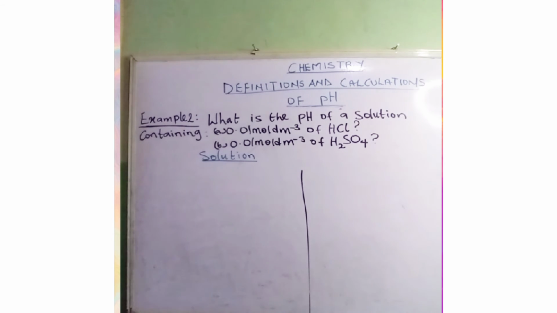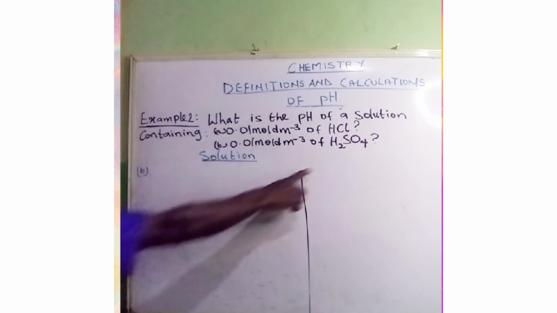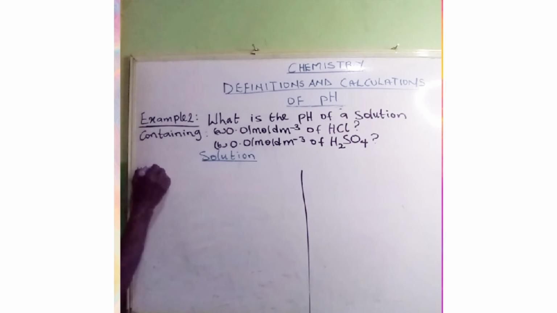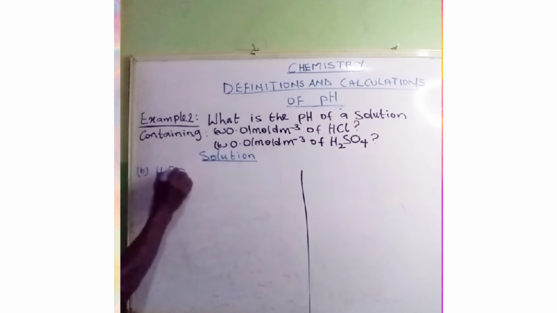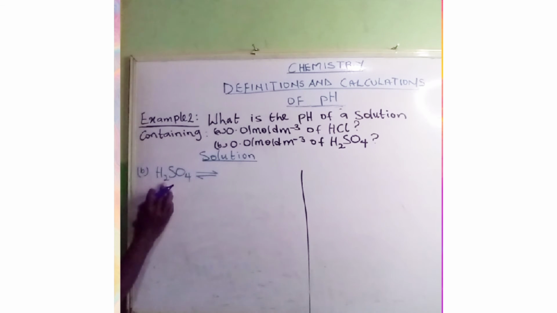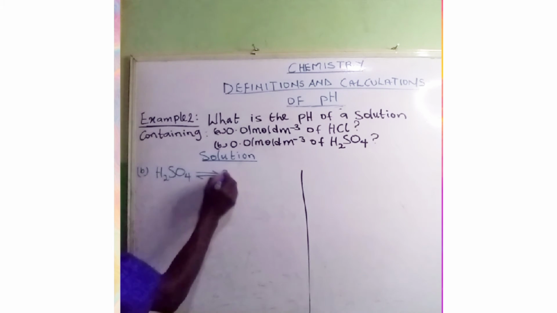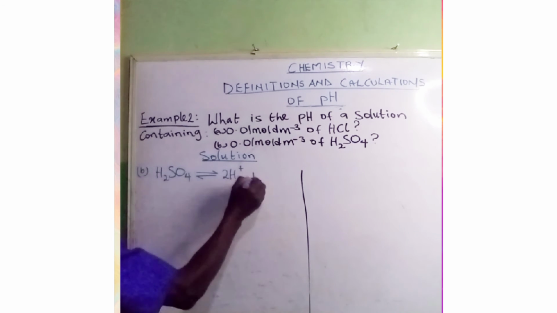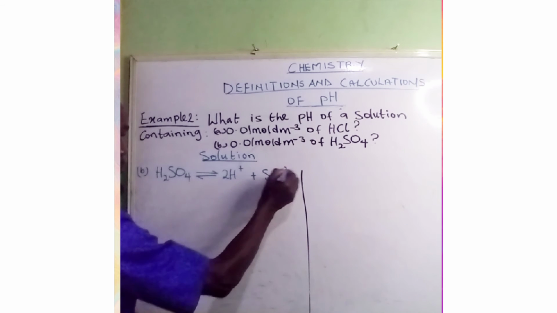The second question is to find the pH of a solution of tetraoxosulfate(VI) acid, that is H2SO4. When we dissociate this as well, the subscript moves forward. We have 2H plus, then plus SO4 2 minus.